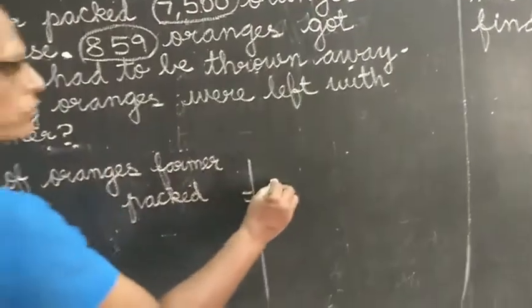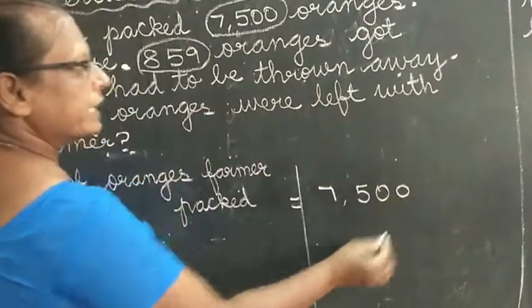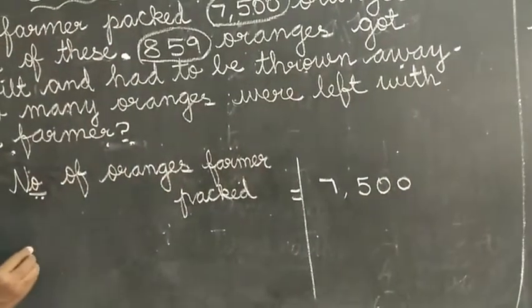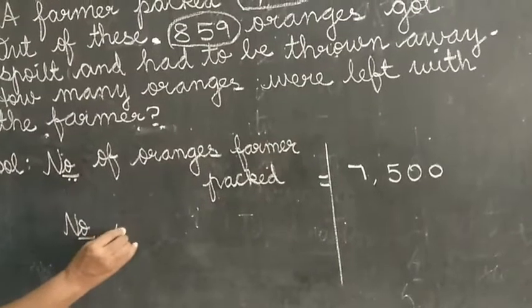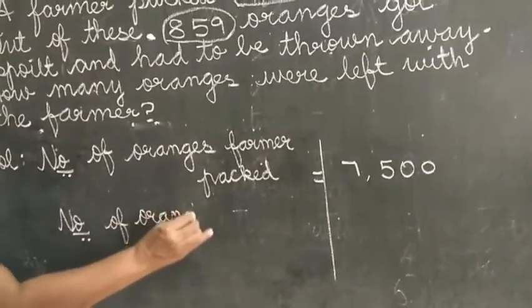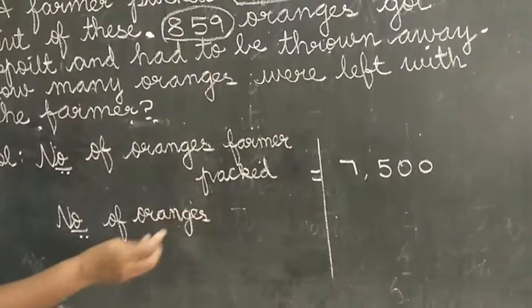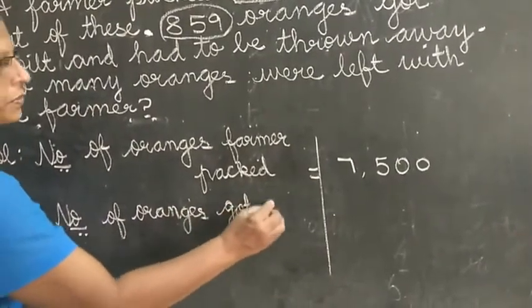So 7,500. Okay. In that, number of oranges got spoiled.